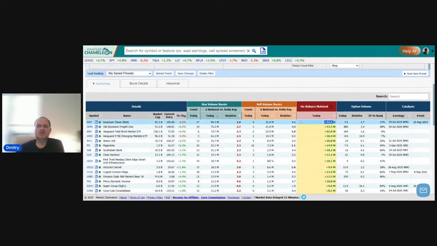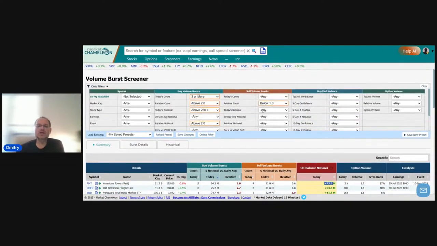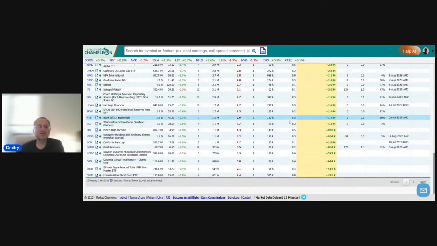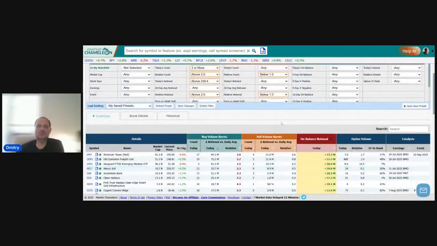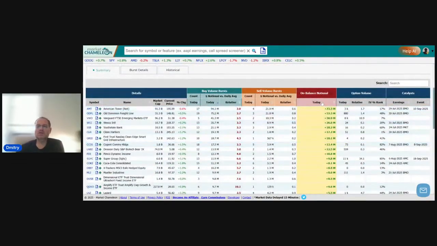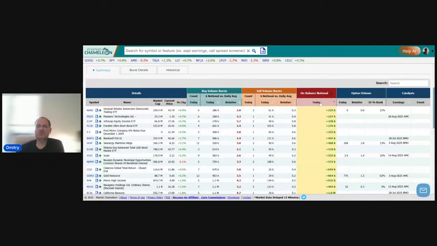Okay. We could go a little bit further and say that the relative notional also is below typical. Okay, so let's see where we're at now. 57. Let's sort this now by this column, the highest. There you go.